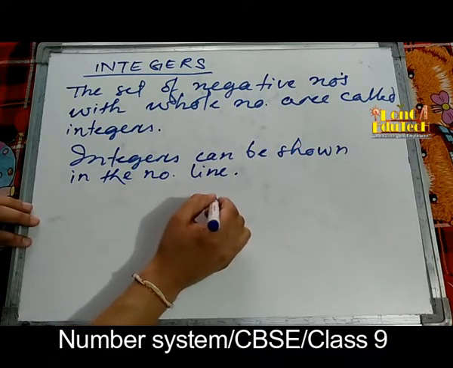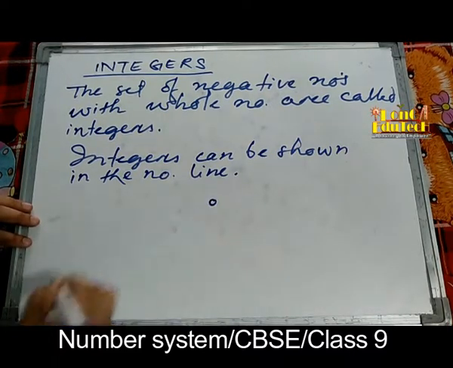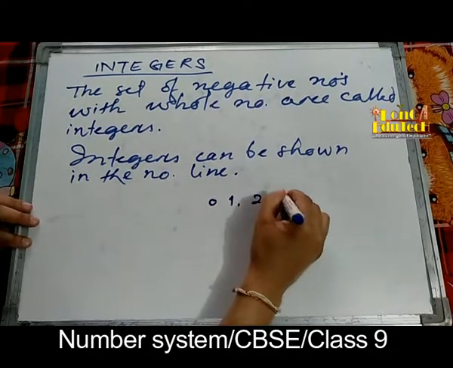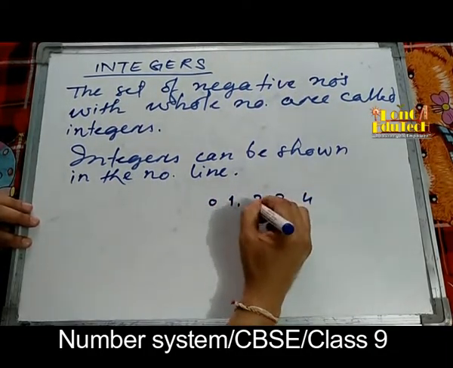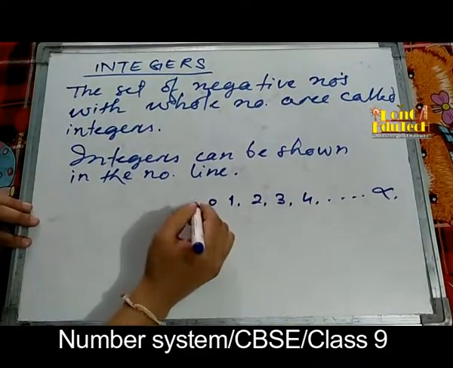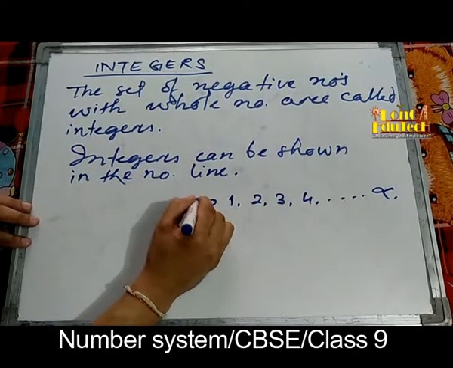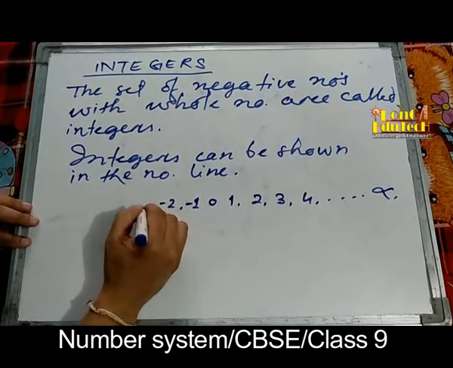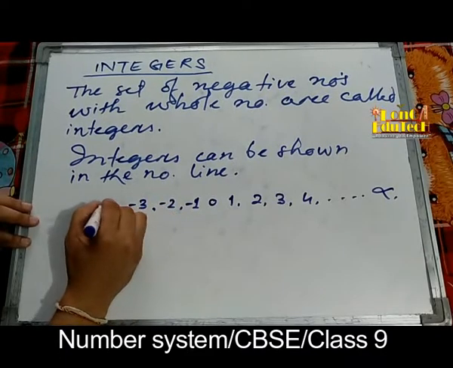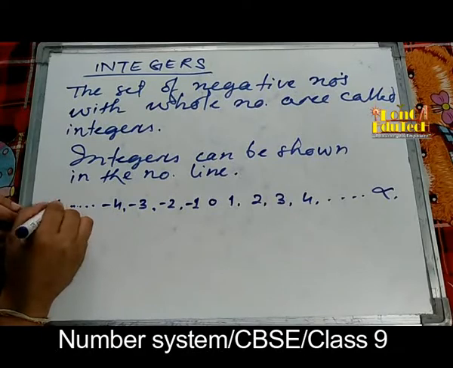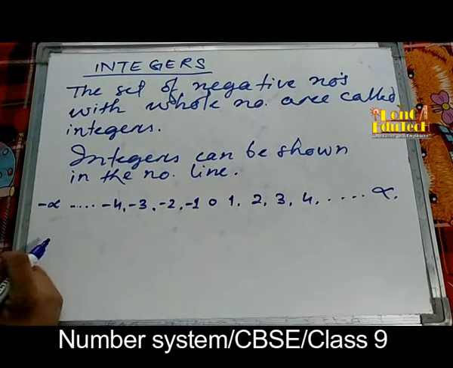So say here 0. On the right side here 1, 2, 3, 4, and so on, up to infinity. And on the left side of 0, here come the numbers -1, -2, -3, -4, and so on, up to negative infinity. That is uncountable on the left side also, as on the right side.